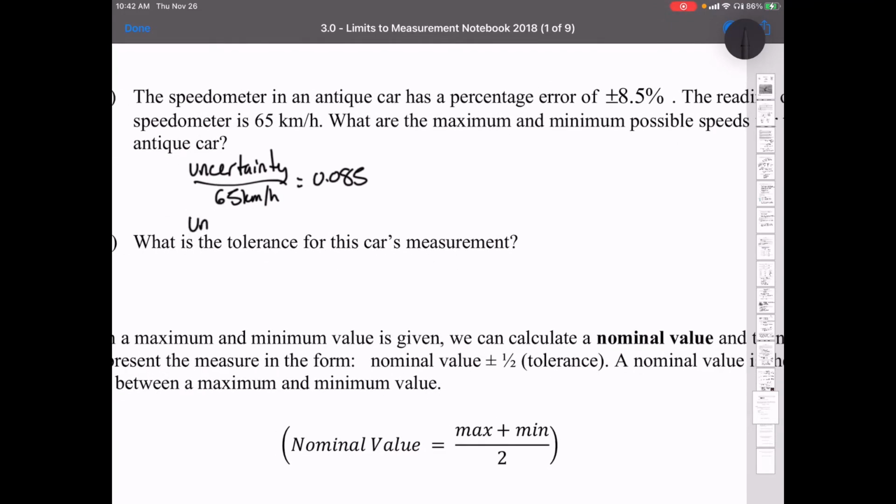So then our uncertainty is just 0.085 times the 65 kilometers per hour, which is equal to 5.525 kilometers per hour.